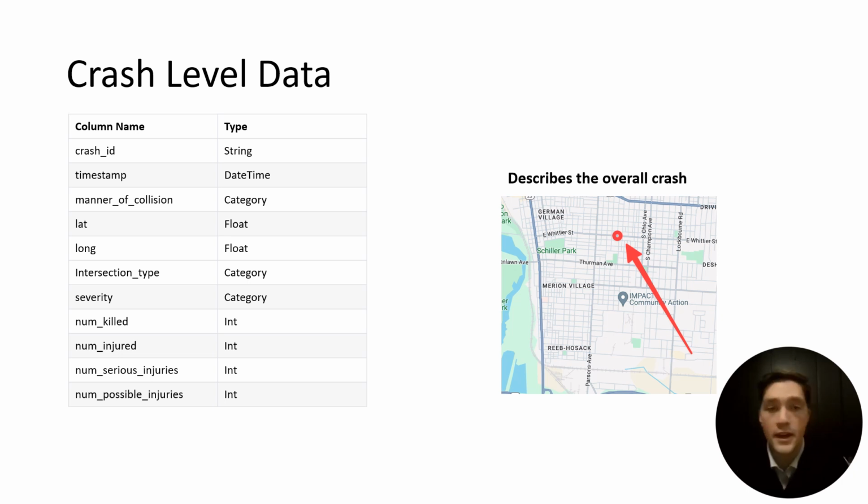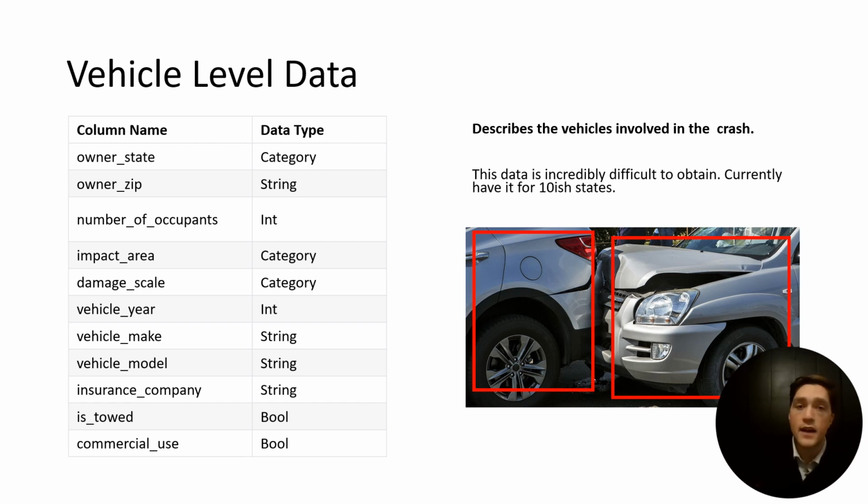Let's look at that a little more. So the main type of data that we're gathering is crash level data. This gives us the location of the crash, the time of the crash, some other interesting variables as well, such as the severity of the crash. But it's not just the crash data that is important to us, it's the vehicle level data as well, right?